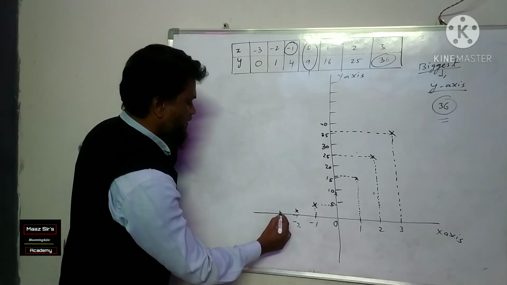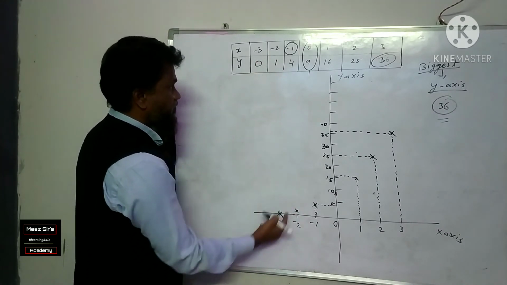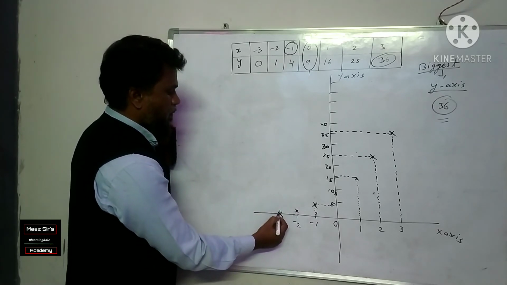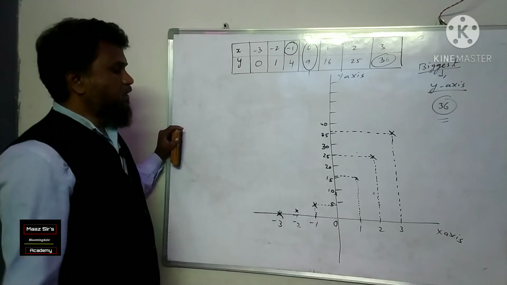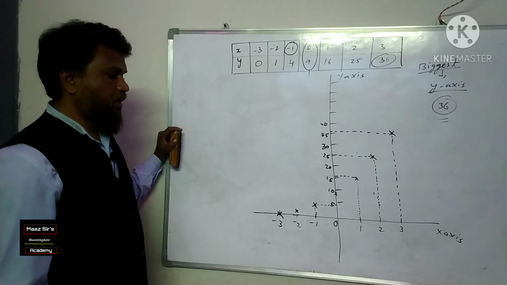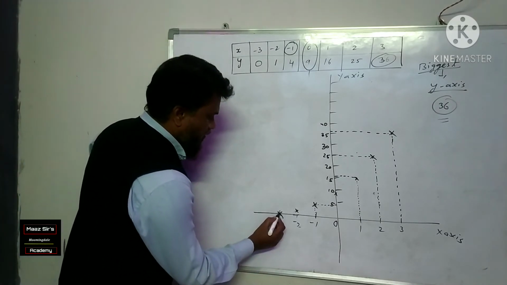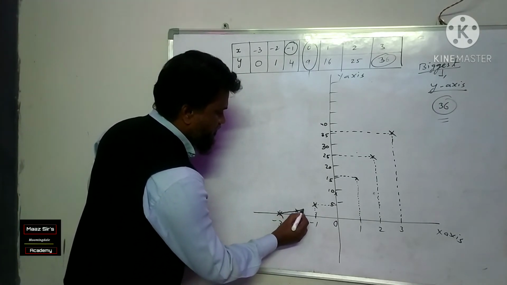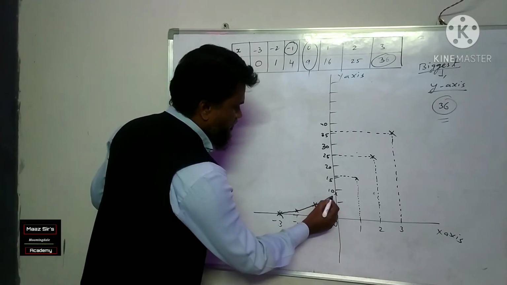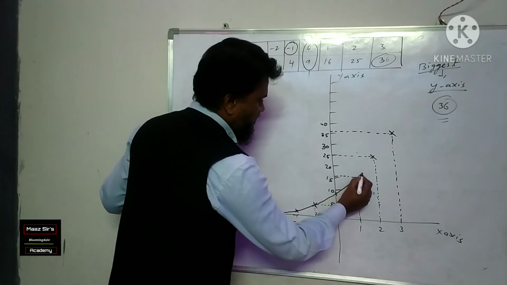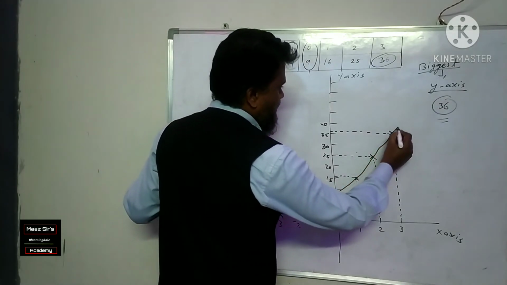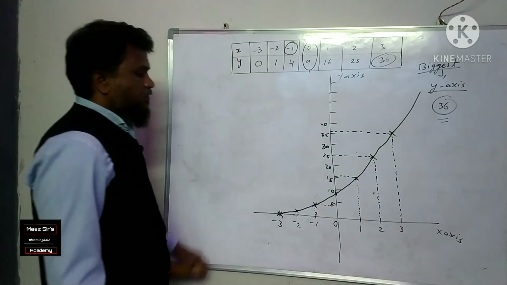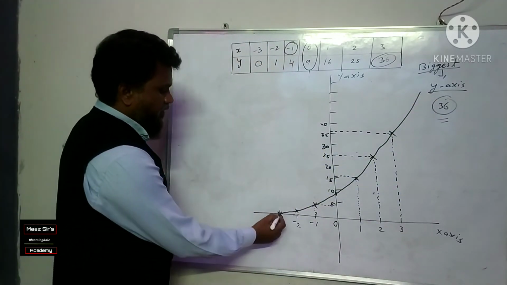Minus 3 gives how much? 0. So this is the value you are getting. Now you have to join all the points. So this is our graph.